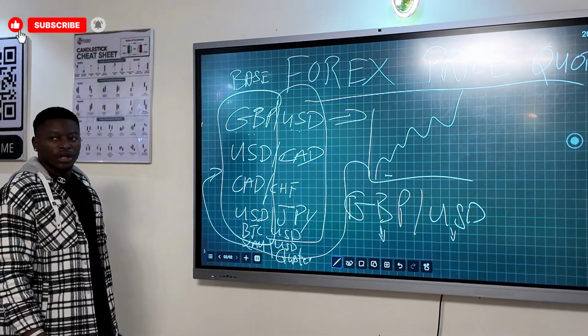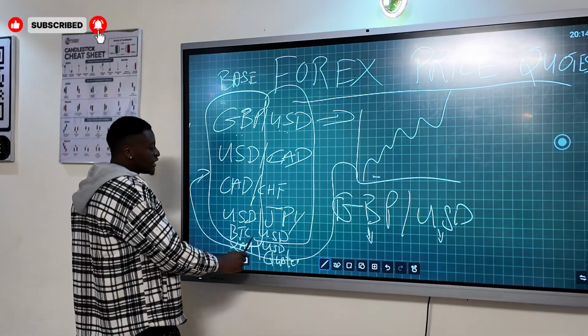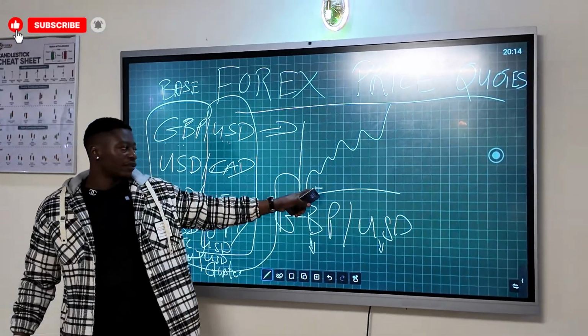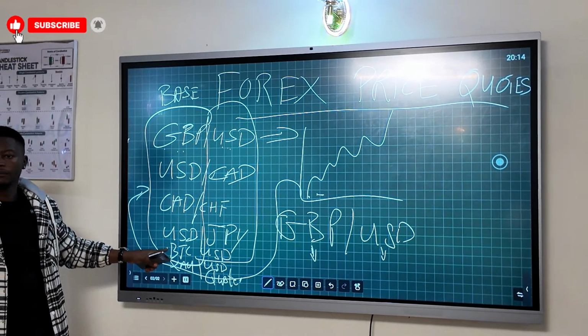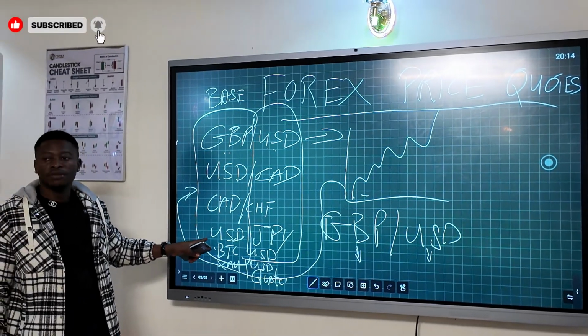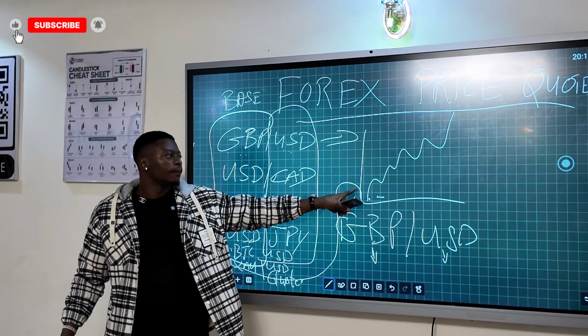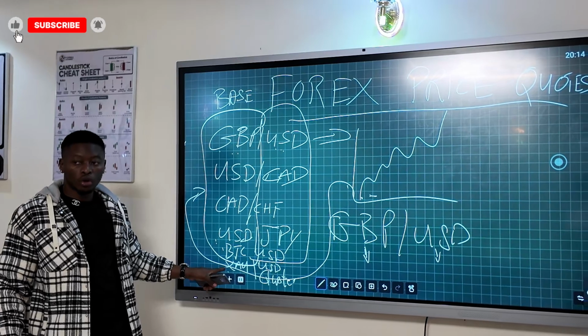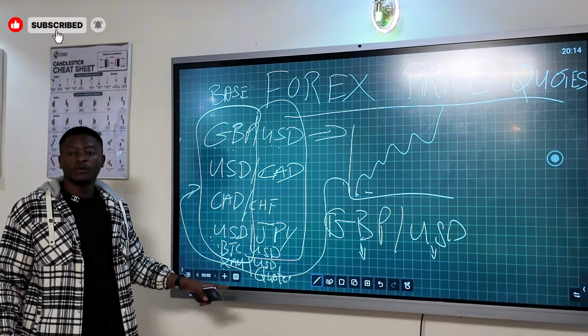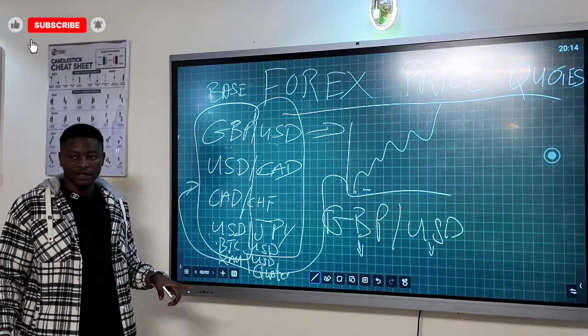What does that mean? It means that if you come to a chart on BTC USD, this chart is representing the base currency, which is BTC. Or this chart is representing the base currency here, which is gold, because XAU is the symbol for gold, right?